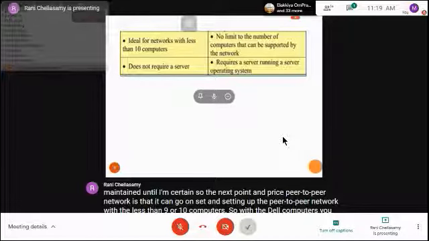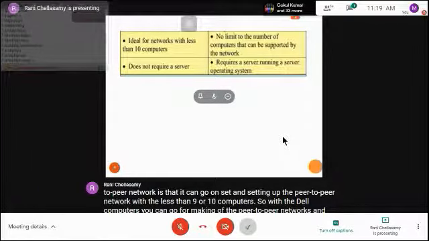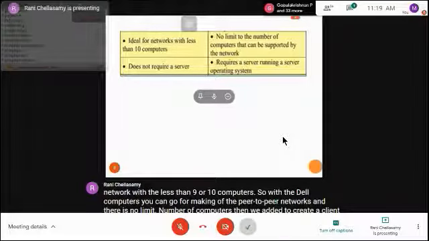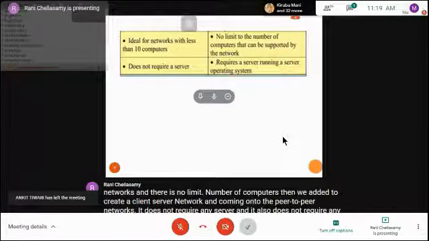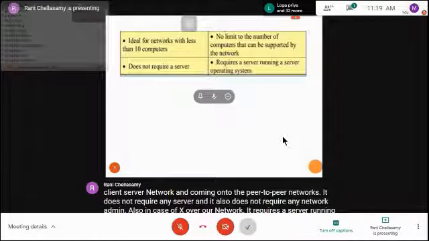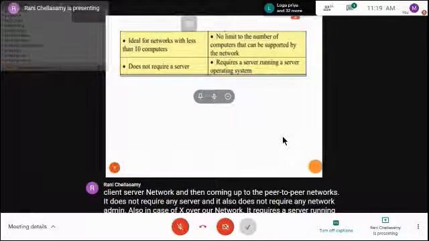A peer-to-peer network does not require any server, and it also does not require any network admin. In a client-server network, it requires a server running a server operating system. So these are the points that make the difference between peer-to-peer and client-server networks.